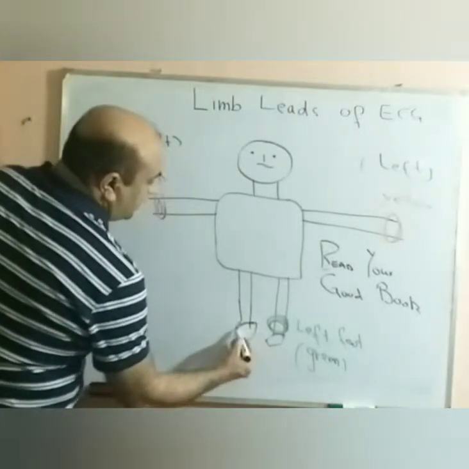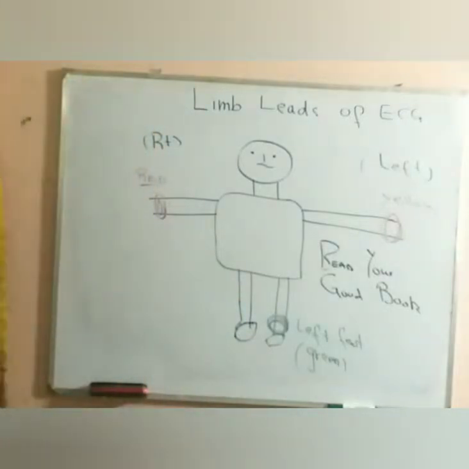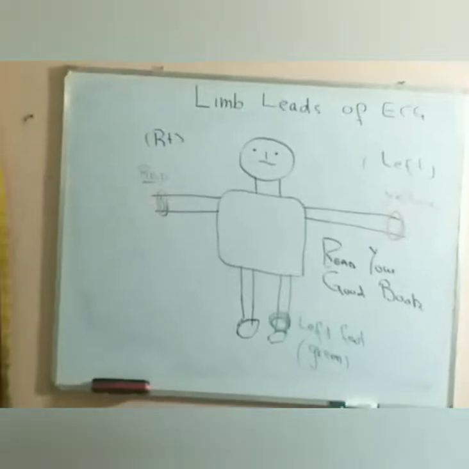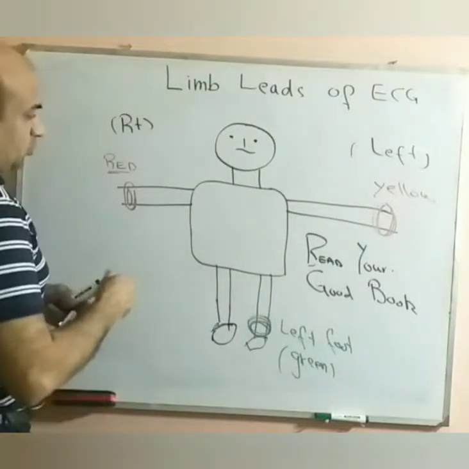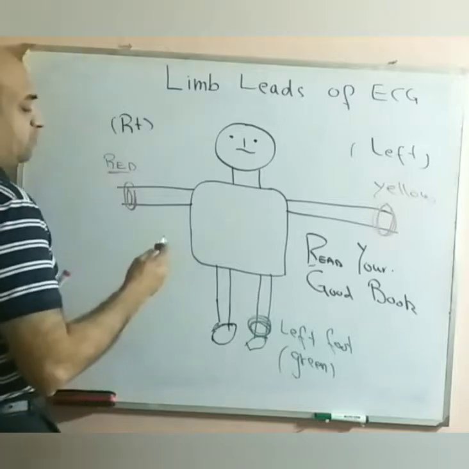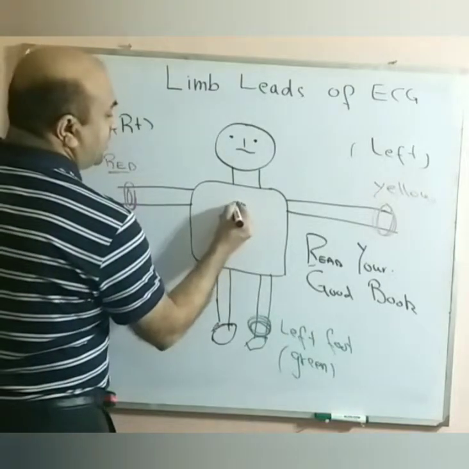So it has three effective limb leads: red, yellow, and green. Now the question arises, what was his aim of actually placing these leads on the limb? His sole purpose was to record the electrical activity of the heart.